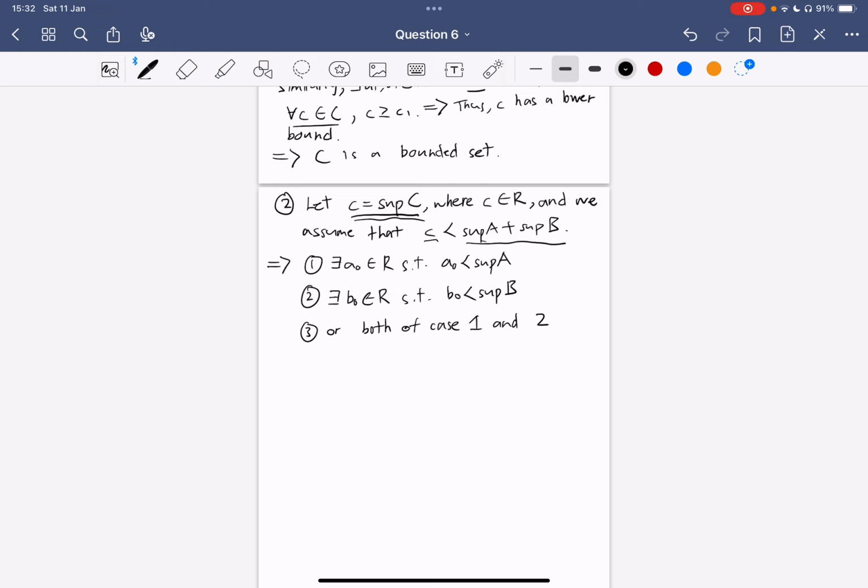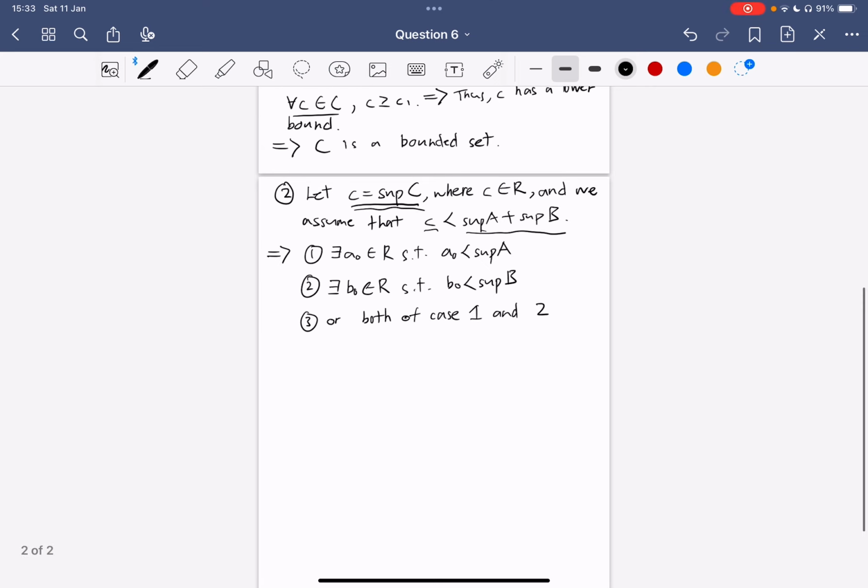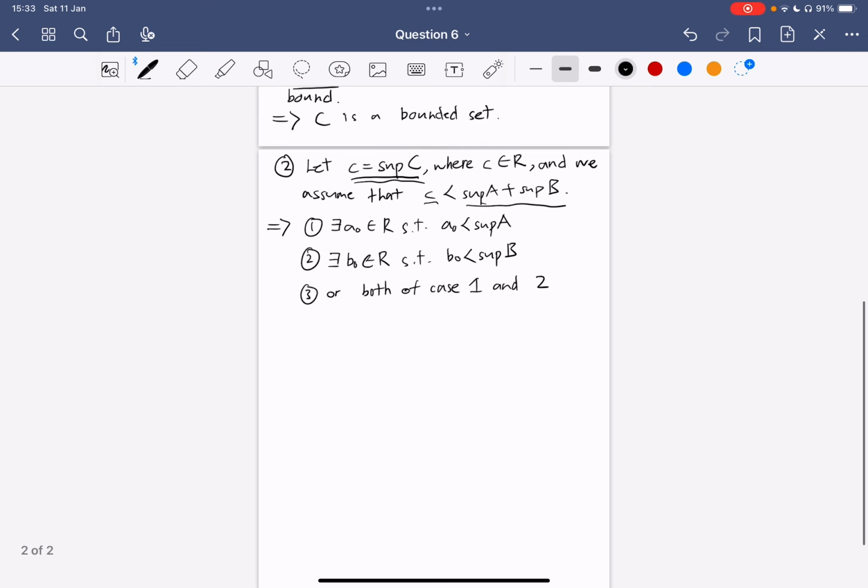Or if the value of sup A remains the same, then the value of sup B must be lower. Or both. So either case 1, case 2, or case 3 has to hold for this inequality to hold.